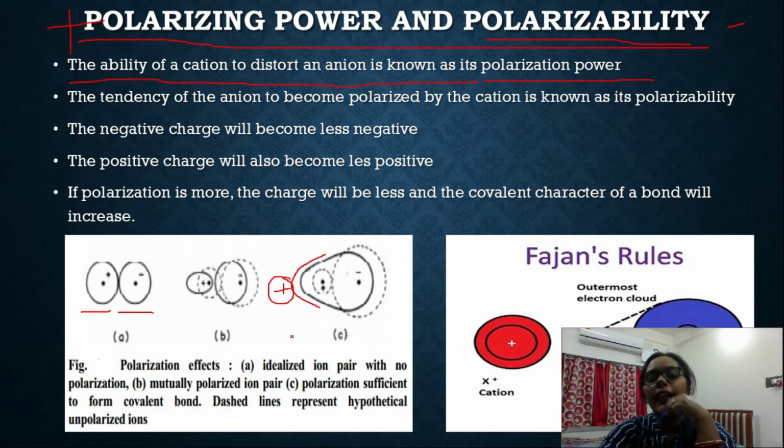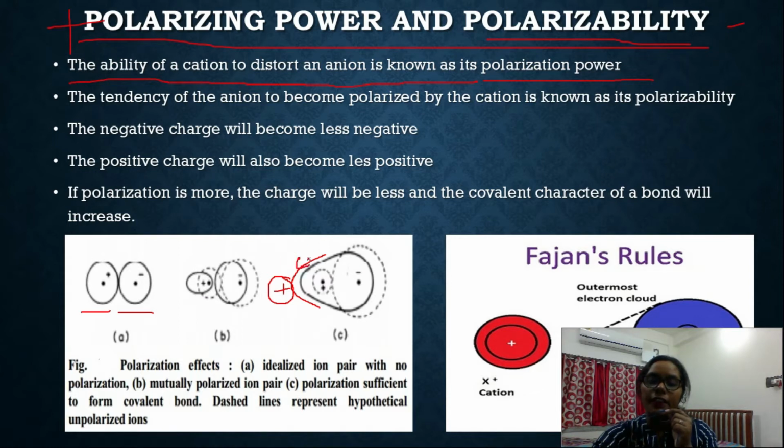Understand? So that is why what will happen, the power of distorting the electron density. Look, previously the electron density is on the negative one, while it will come closer to the positive one, what will happen? The electrons will move here.